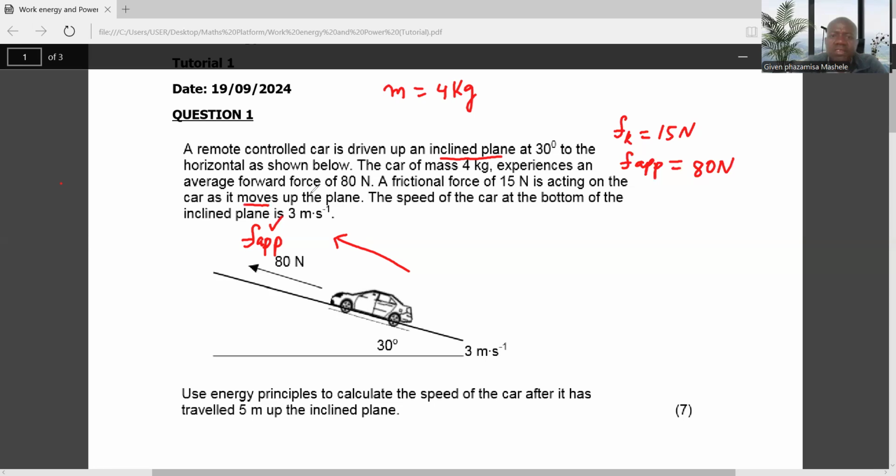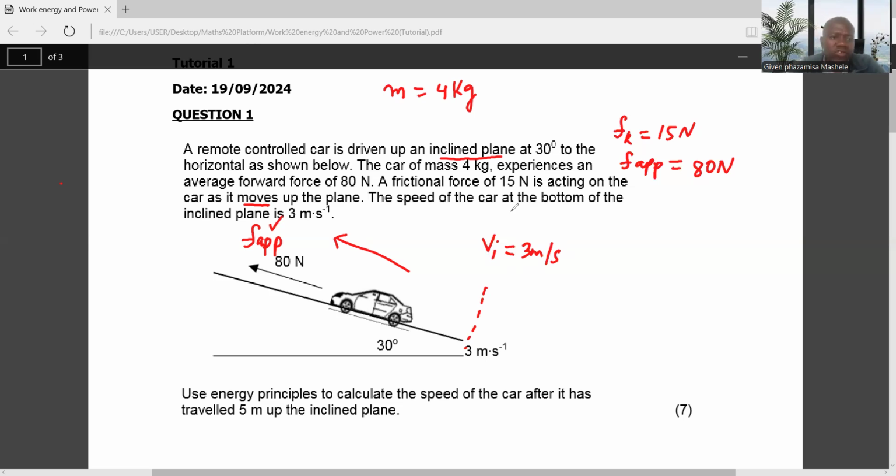The speed of the car at the bottom of the inclined plane is 3 meters per second. So we're given the initial speed as 3 meters per second. This is the information that we are given.